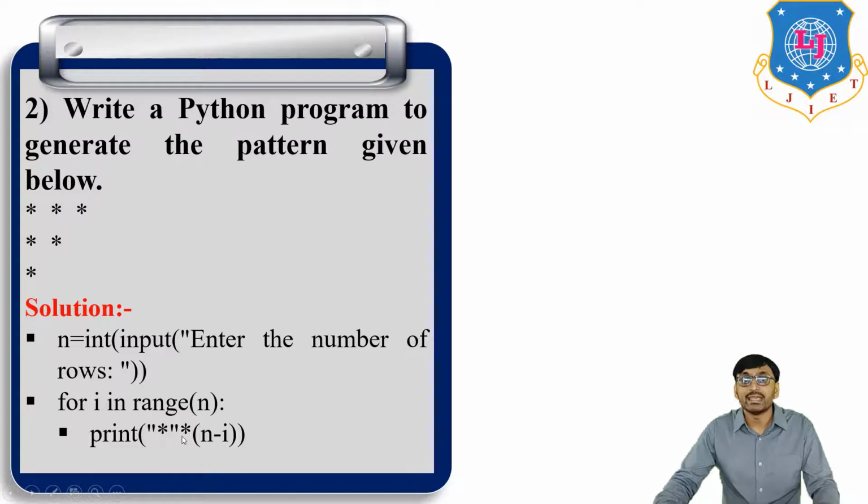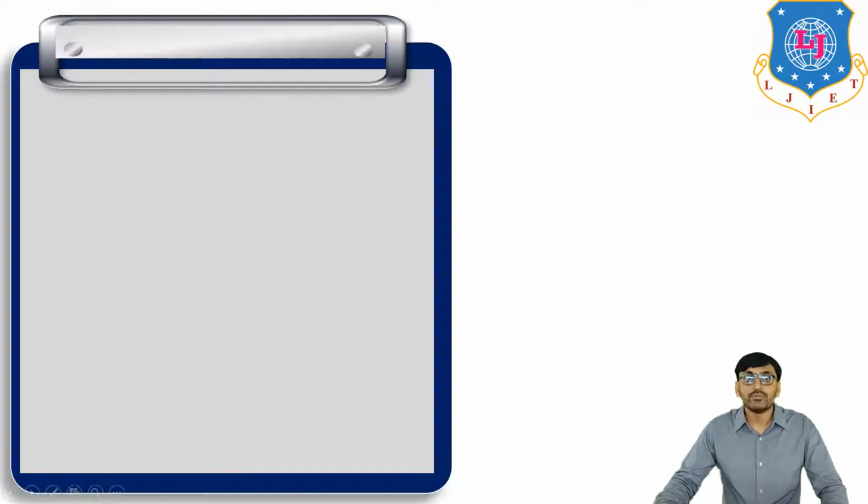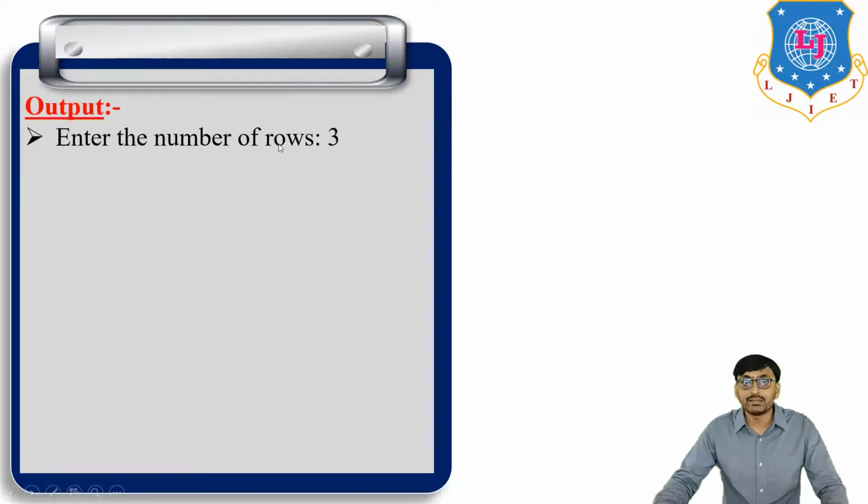So star into 1, so we get only one star. So for the first element, 3 stars; for the second, 2 stars; and for the third, 1 star. If we run this program and enter the number of rows as 3, then we get this pattern.